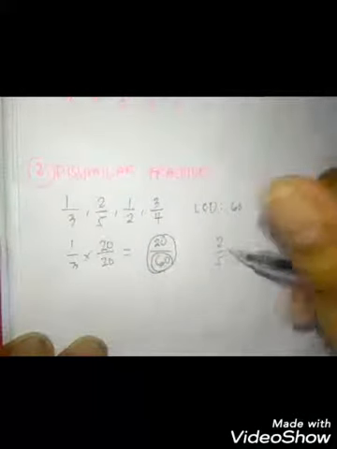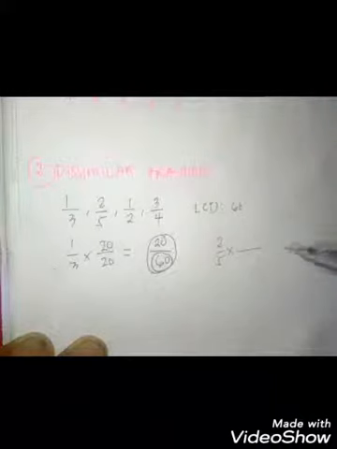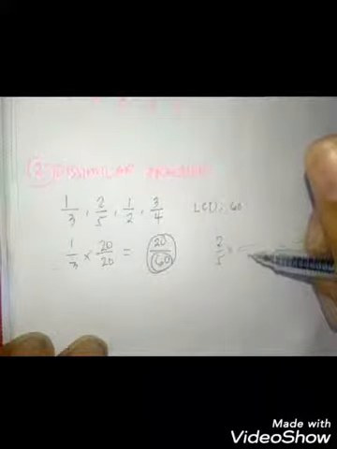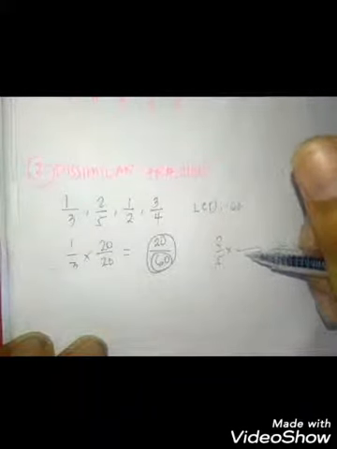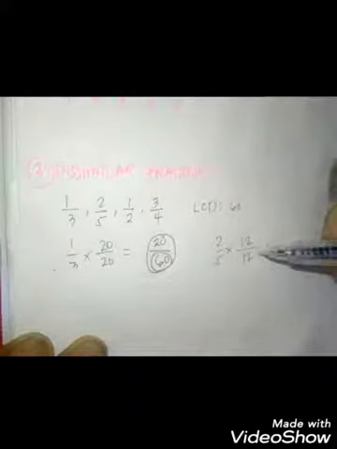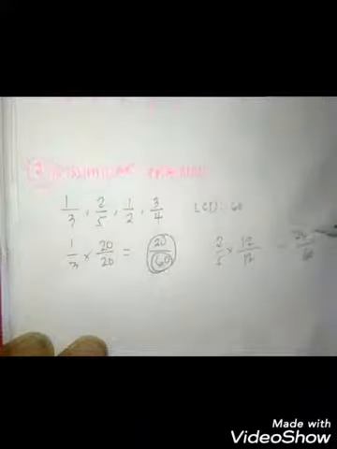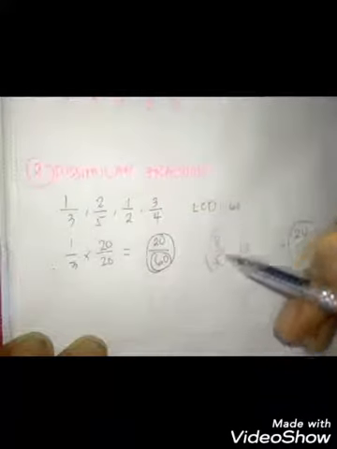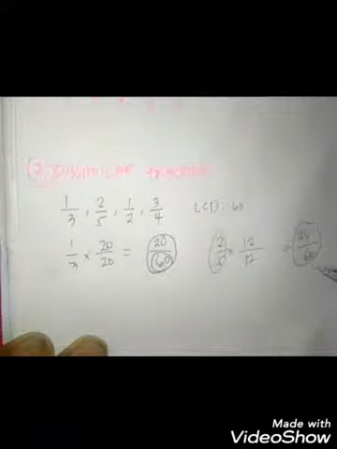What must be multiplied to 2/5, both numerator and denominator? 60 divided by 5 is 12. So 12 over 12. 2 times 12 is 24, and 5 times 12 is 60. Therefore, the equivalent fraction of 2/5 is 24/60.